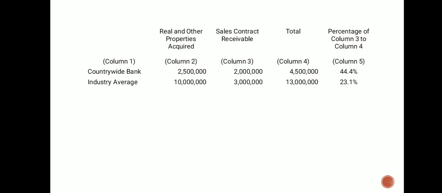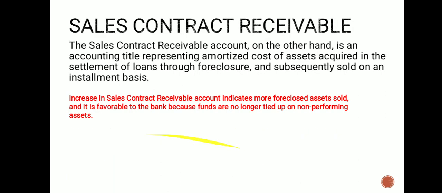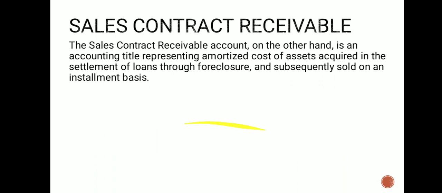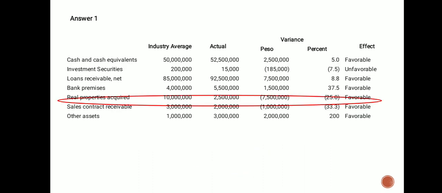So it can be observed in the foregoing example that the foreclosed property sold by the Countrywide Bank is only 2 million pesos. So we have here in the actual column, the sales contract receivable is 2 million. So again, the foreclosed property sold by Countrywide Bank is only 2 million, which is lower than the industry average, since the industry average is 3 million pesos.